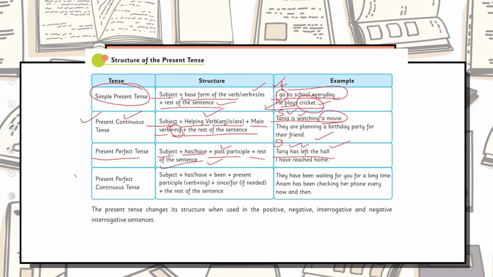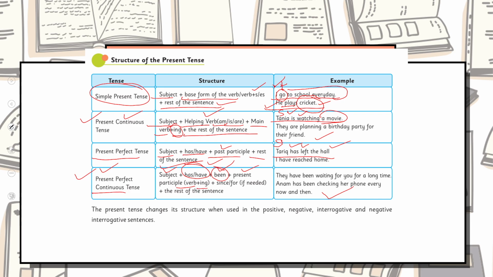Now, present perfect continuous tense. It means we need the ing form. We also need some helping verbs, a completed action to show, and that's how we can make our present perfect continuous. Subject plus your helping verb plus been. Been is very important in the present perfect continuous, plus your present participle of verb, the present form of verb, the simple form.